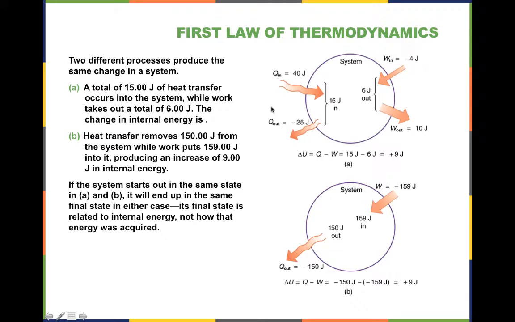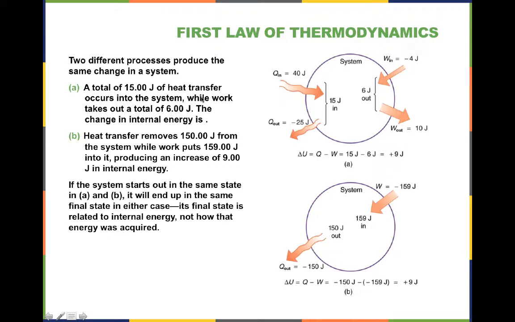So for example, you have two different processes that result in the same delta U. The first is shown in diagram A here, where you have a total of 15 joules of heat transfer taken into the system. That's 40 minus 25, so the total is 15 joules in, or a positive 15.